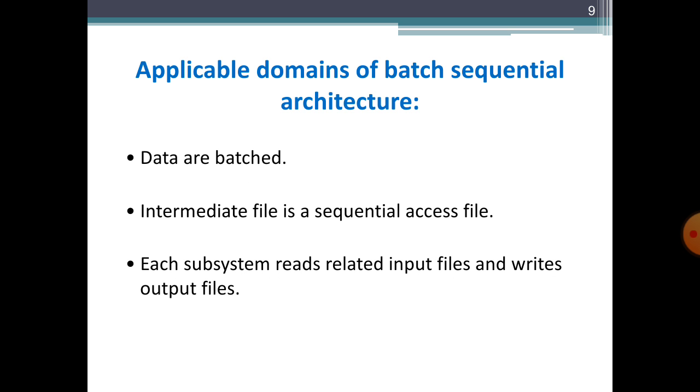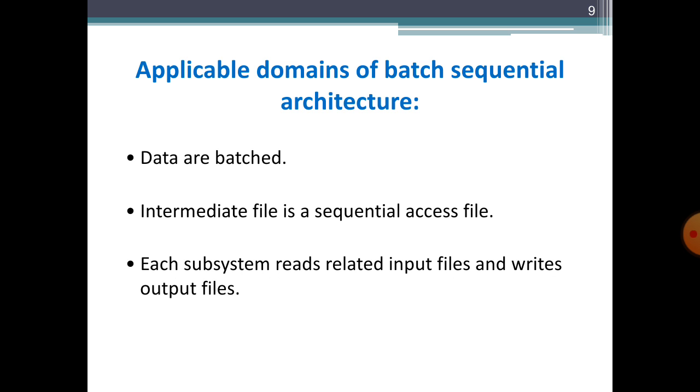So what are the applicable domain areas, or what are the applications where this batch sequential system architecture is normally utilized? Where we have data in a batch file, or where the intermediate file is a sequential access file. So what is this intermediate access file?